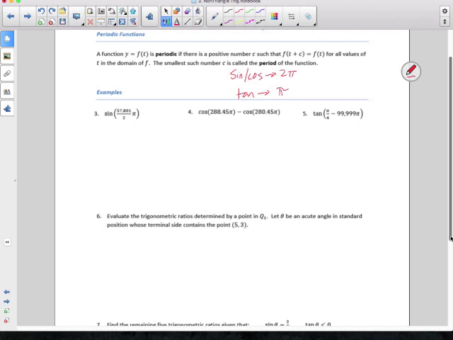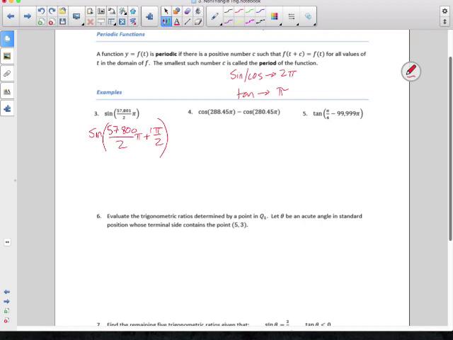Alright, so if we're dealing with these angles right here, it's kind of a combination of using the fact that it's a periodic function and also that there are coterminal angles. So the first thing I want to do is try to break up this angle into some sort of multiple of 2 pi. So I'm going to do 57,800 over 2 pi and then plus pi over 2. And that's the exact same thing, right? Because they have the same denominator.